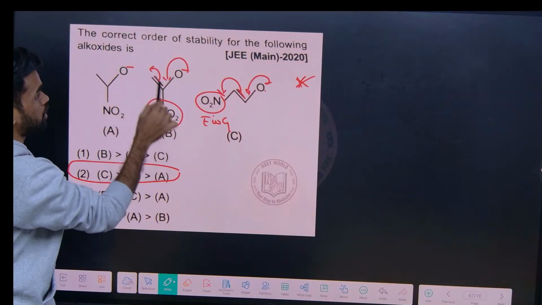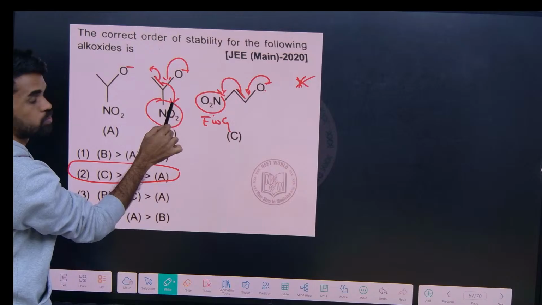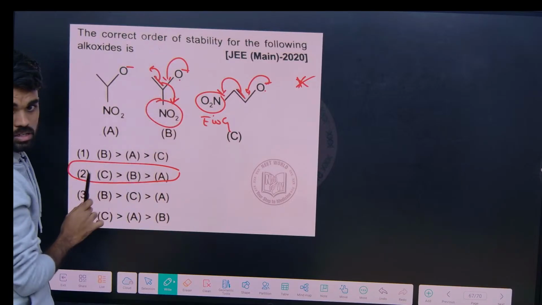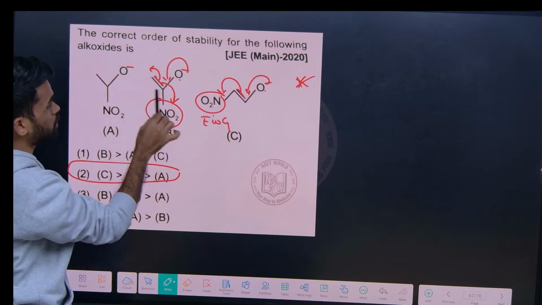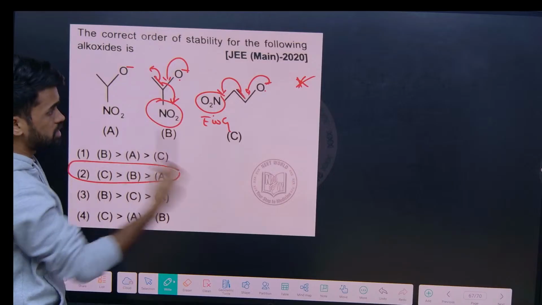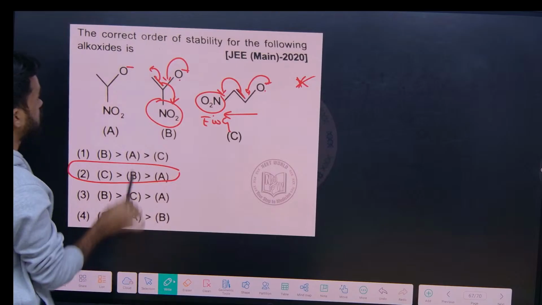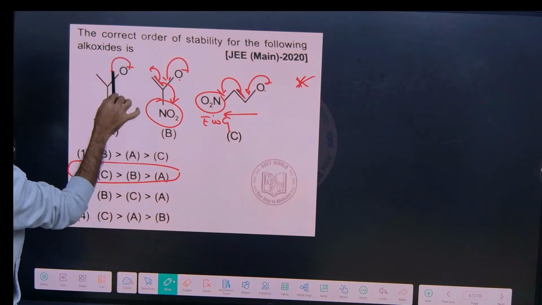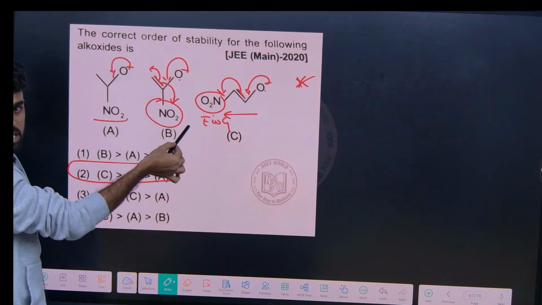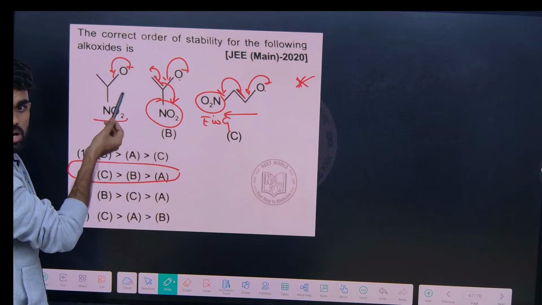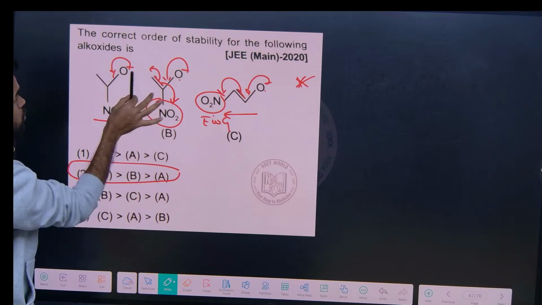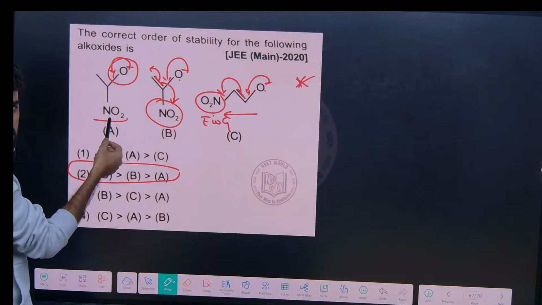And this pi bond is in conjugation with the nitro group along with oxygen. So there is some kind of cross conjugation. This is a continuous conjugation, this is a little cross conjugation, but here there is no such conjugation. Having conjugation is better than having no conjugation, so no conjugation means not stabilized much here.